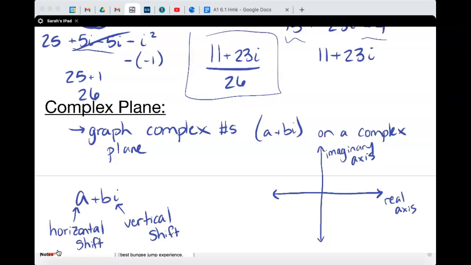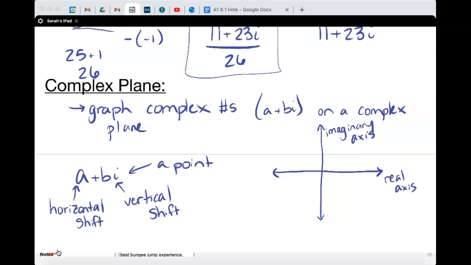Whatever the a value is, I'm going left to right. B value, I'm going up or down, and then placing a point. So all the numbers in complex form are just points on a complex plane. And we know how to plot points, so it shouldn't be too difficult.